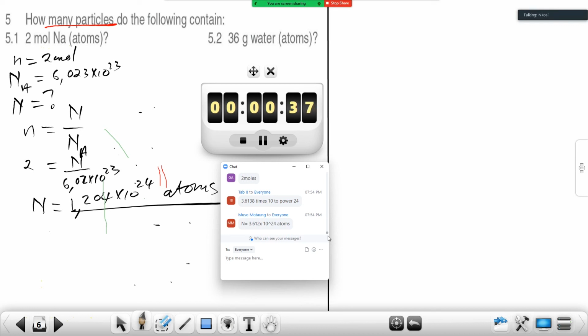Remember, we are at 5.2, not 5.1, because 5.1 I used as a source for explanation.